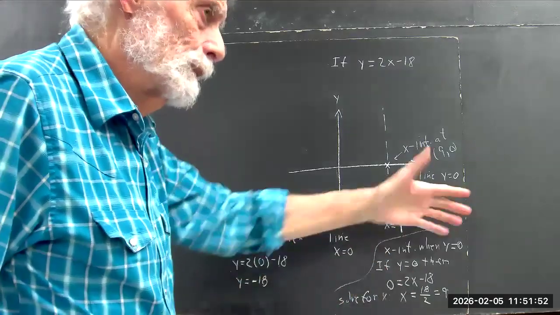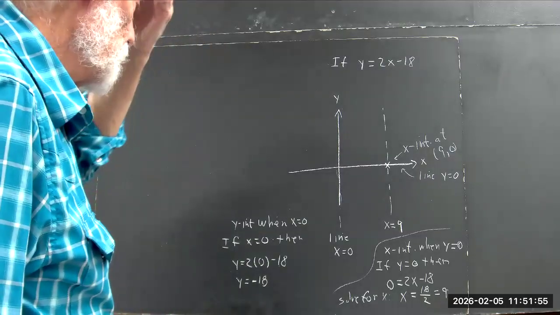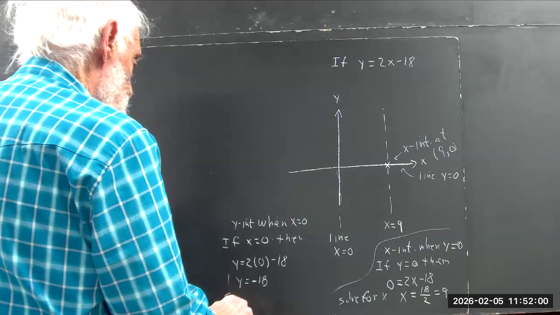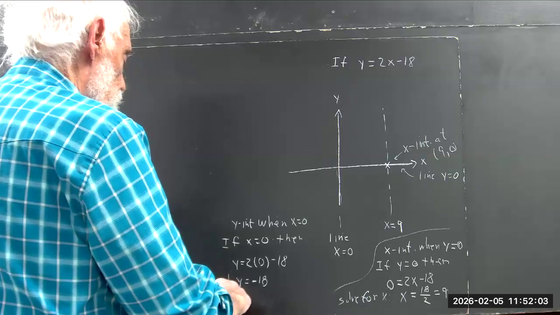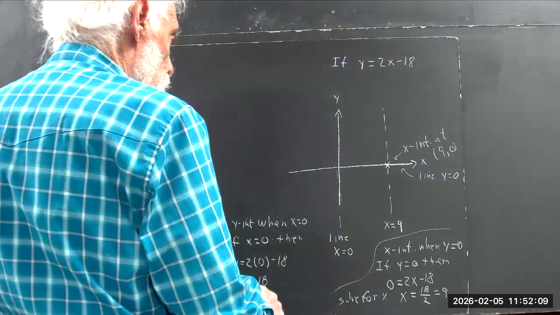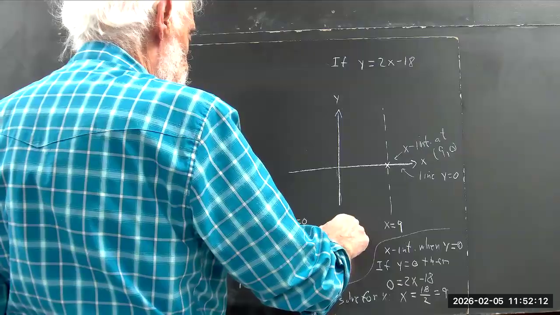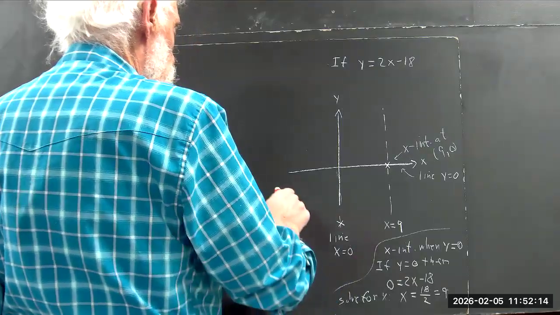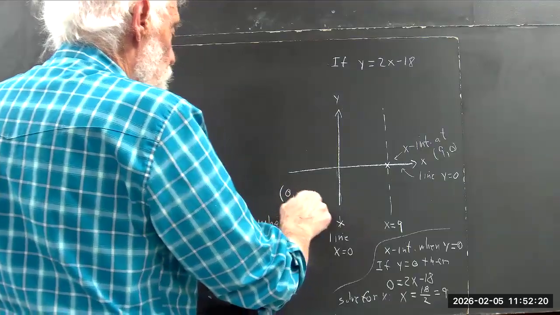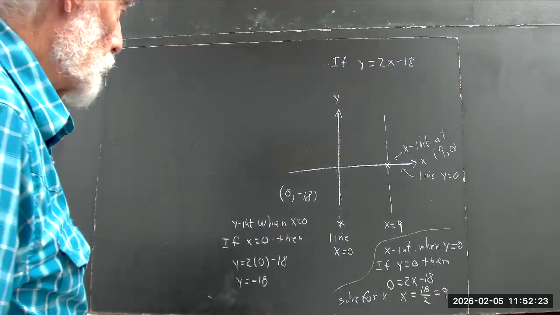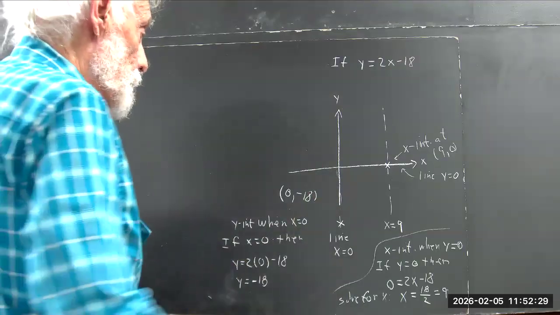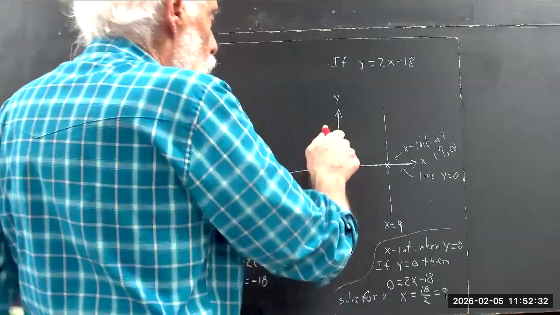The x-intercept, you've got to do a little bit of work to solve an equation. So when x equals 0, y equals negative 18. It's a point 0, negative 18, which occurs when x equals 0 and y equals negative 18. It's a point on the graph and it's on the y-axis.